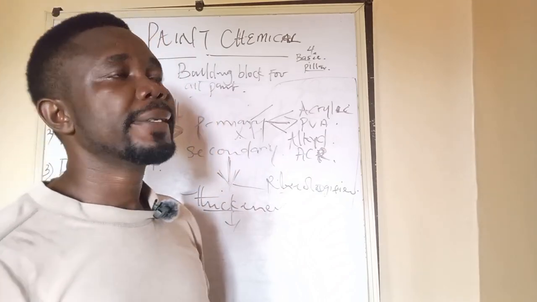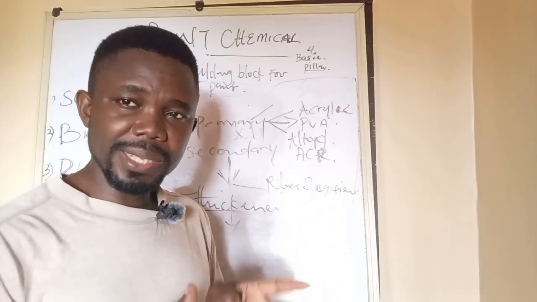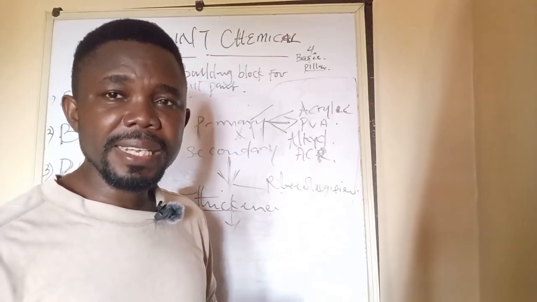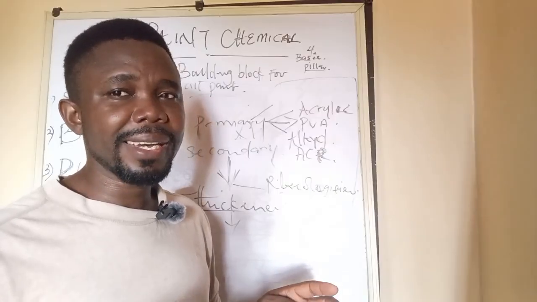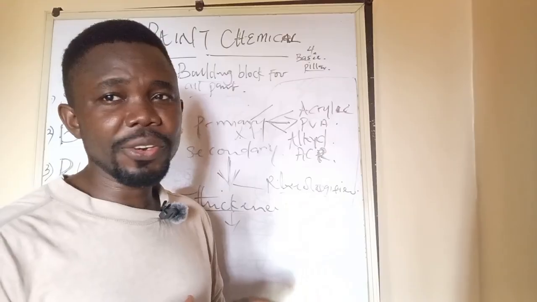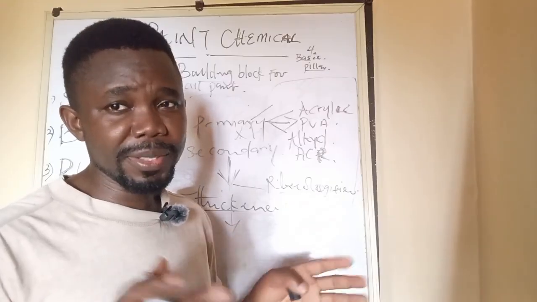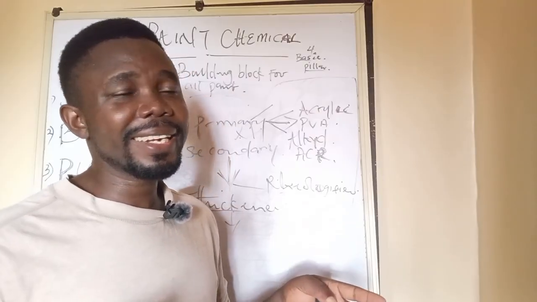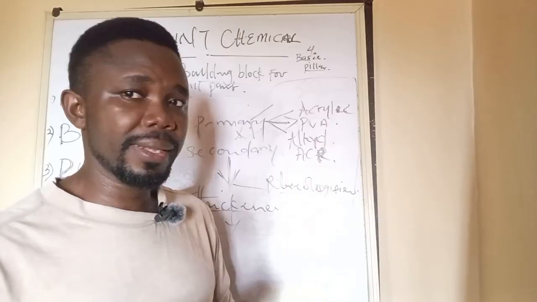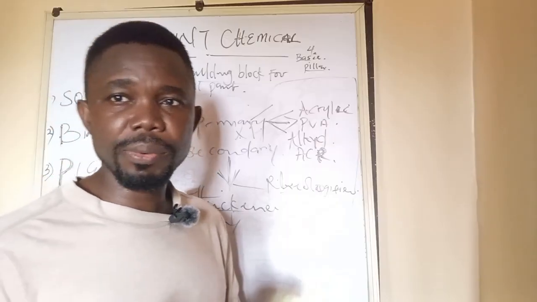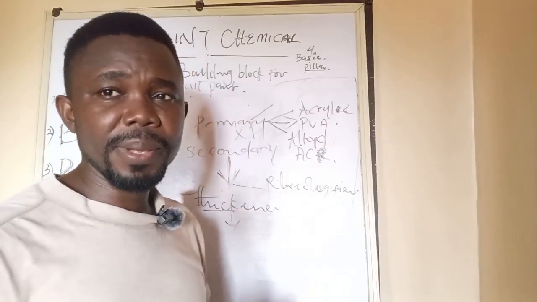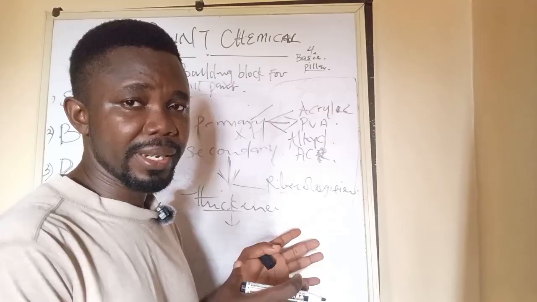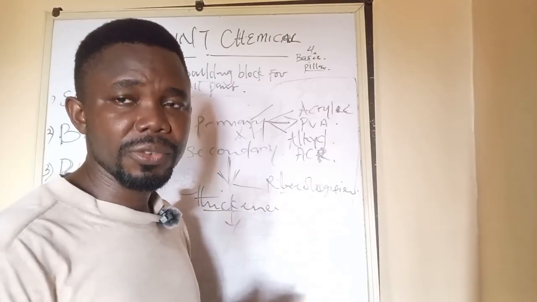All of the chemicals that are used in paint production, just like I said, and I will always repeat myself, are chemicals that are incompatible. They are not cooperating with one another. Pardon my English. They are immiscible chemicals, I think that's the proper way to describe them. They are different immiscible chemicals held together by a binder, which is the primary binder and the secondary binder.